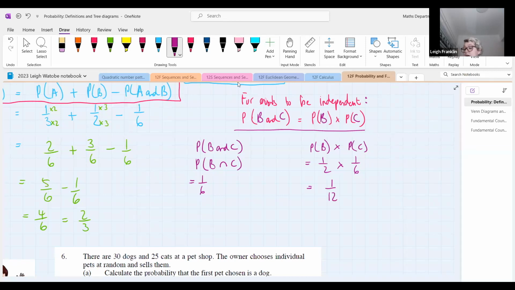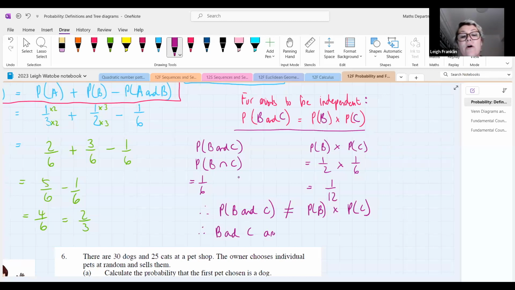So the left-hand side does not equal the right-hand side. 1 in 6 is not the same as 1 in 12. So we would conclude that, therefore, the probability of B and C does not equal the probability of B times the probability of C. Therefore, B and C are not independent events.